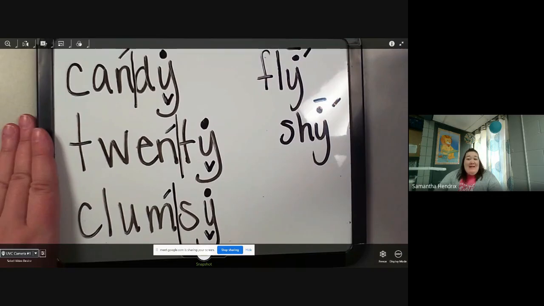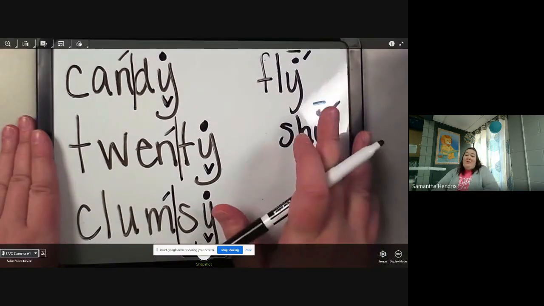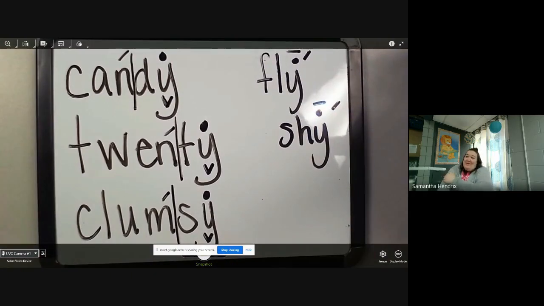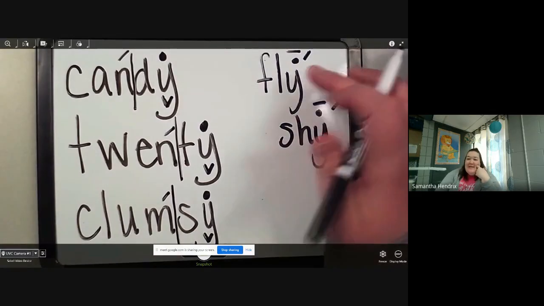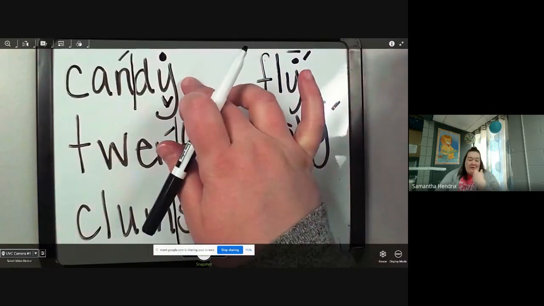So vowel Y can make 2 sounds. You remember? Our vowels make 2 sounds. A, E, I, O, U. So now when Y is a vowel, it says I, E. Okay?